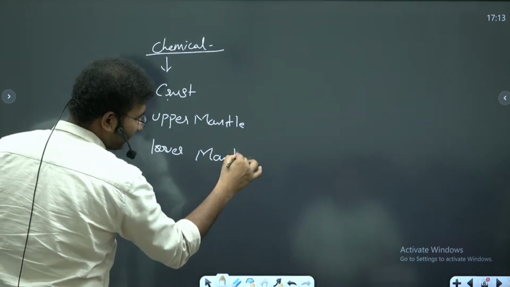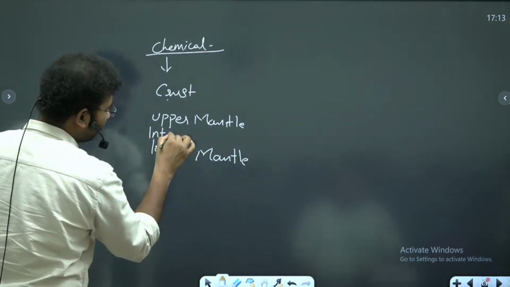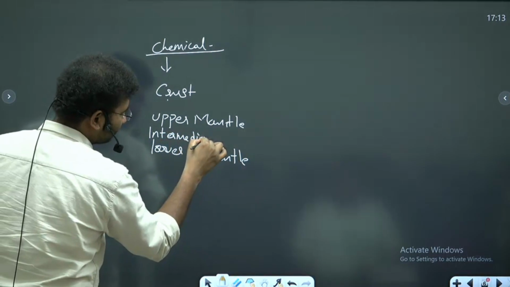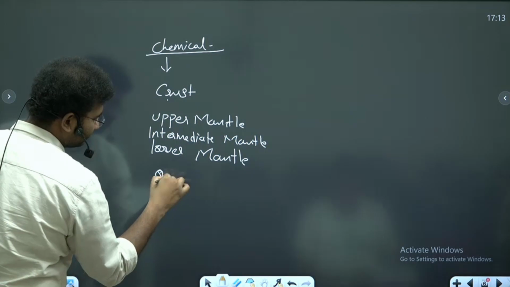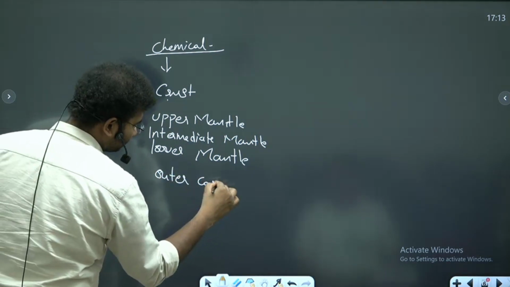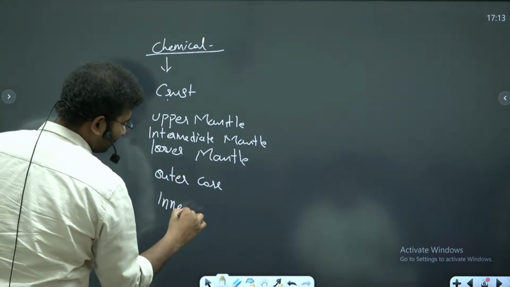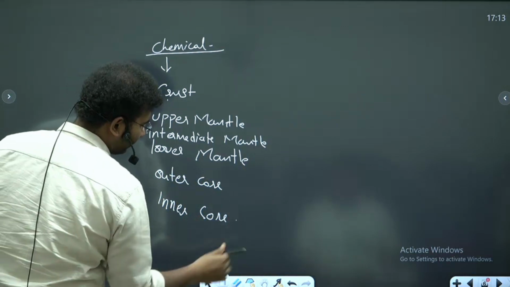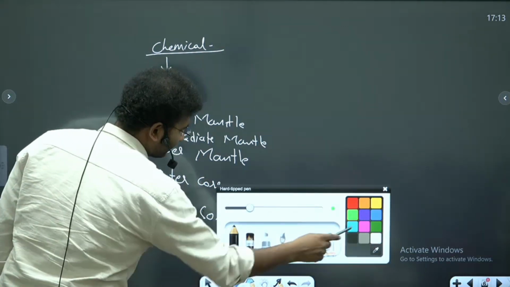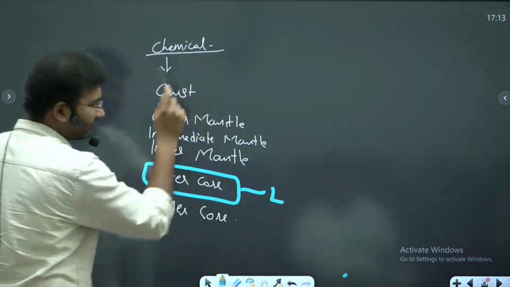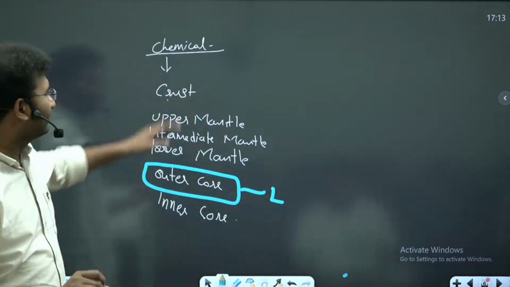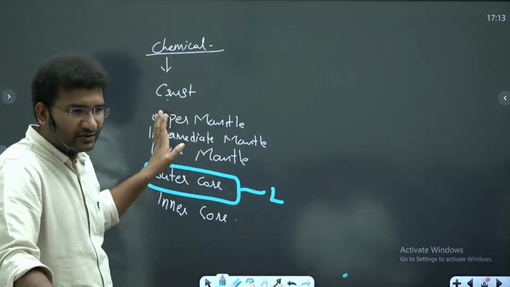Here I take the liberty to add intermediate mantle also, and then the core, which is a solid and which is a liquid. This is liquid and the rest of them are solid in nature. Now this is the interior of the earth based on the chemical composition.